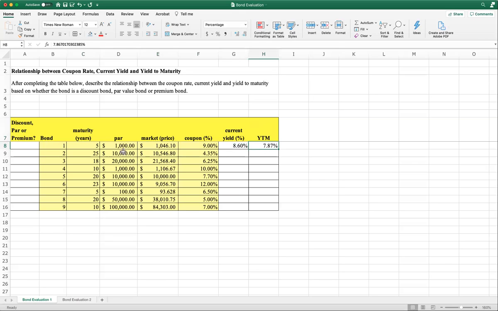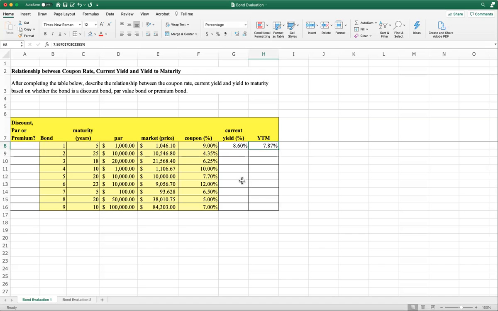So for example, if you invested $1,046 today for this bond, and your theoretical rate of return, if you hold this for the next 5 years and you get your principal back, is 7.87% a year. Okay, it hasn't been realized. That's why I emphasize this is theoretical.